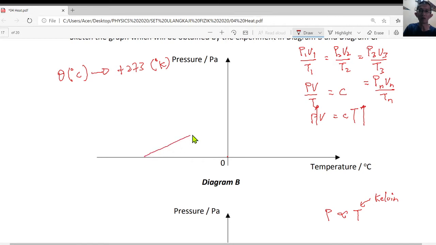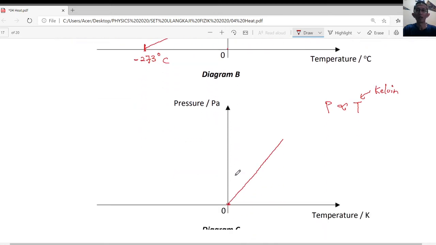So my graph will look like this. It will cut the x-axis here at negative 273 degrees Celsius. So that's how my graph looks like if I am to plot pressure against temperature in degrees Celsius.